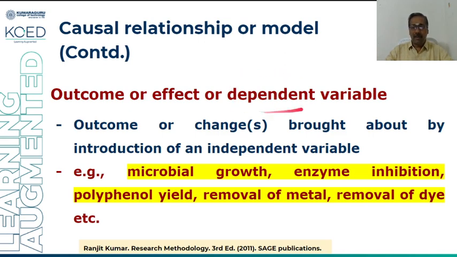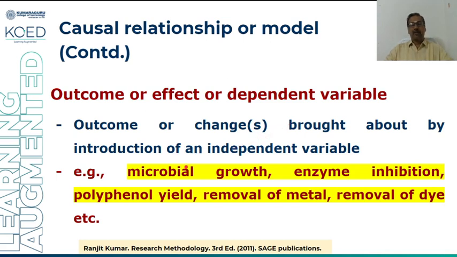So response is nothing but the dependent variable, or very simply, it is the outcome you expect. The outcome or changes brought about by an independent variable or a set of independent variables is termed the dependent variable. So the dependent variable is the output or outcome. The independent variable is the input. In a very simple way, you can explain it like this.